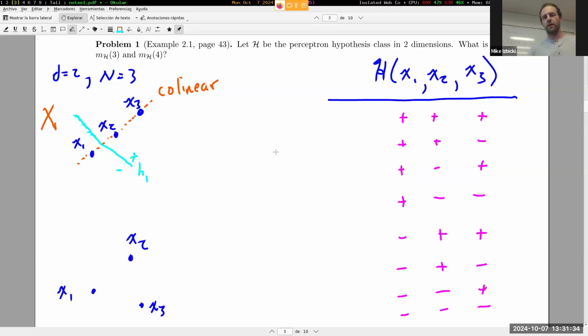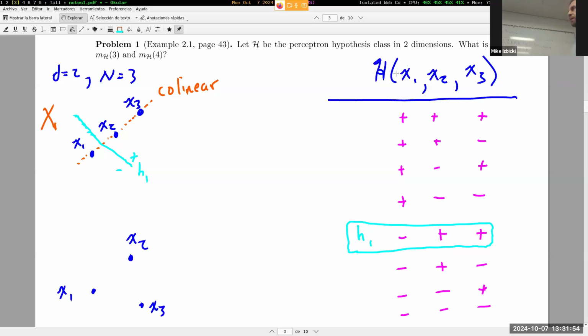this hypothesis corresponds to X2 and X3 being positive, and X1 being negative. So we have negative, positive, positive. That's what this H1 right here corresponds to, is sort of this row. And again, this is one of the entries in the dichotomy.